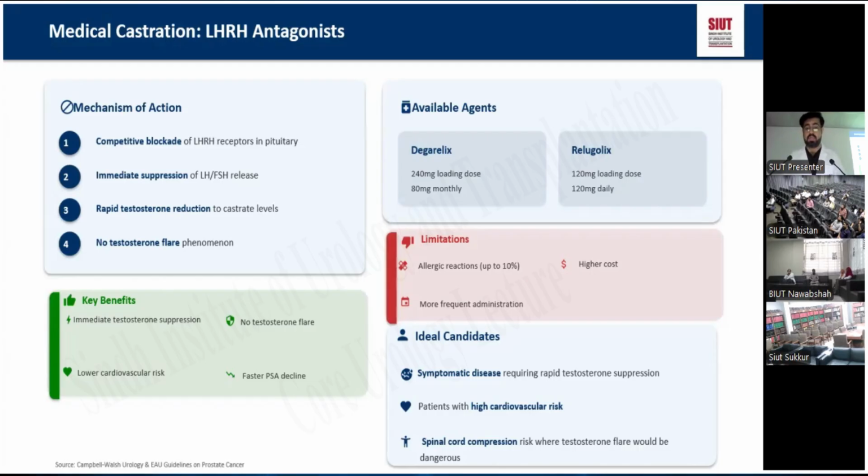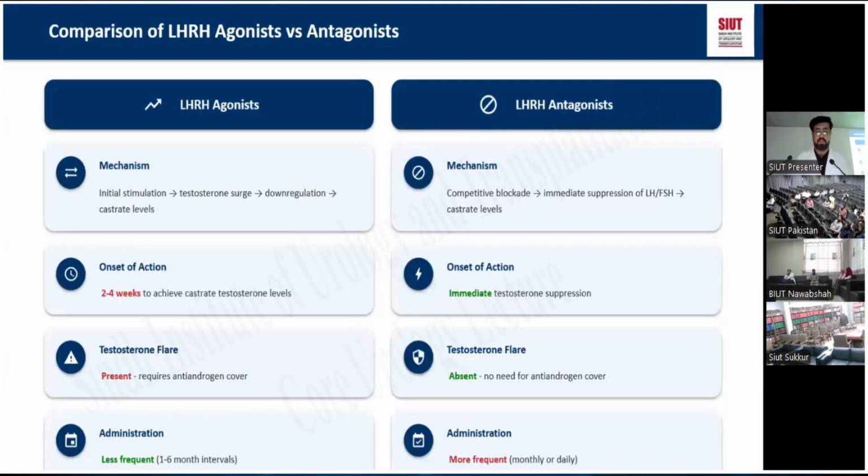The limitations are allergic reaction, higher cost, and more frequent administration. The ideal candidates would be those who have symptomatic disease requiring testosterone suppression, patients with high cardiovascular risk, or those with spinal cord compression where a testosterone flare may be dangerous for them. Okay, this is the comparison between LHRH agonists and antagonists.